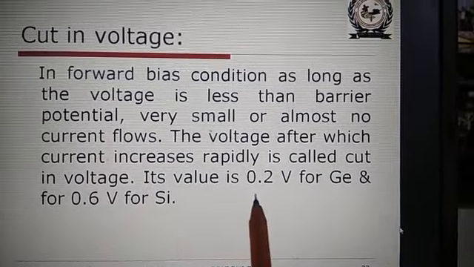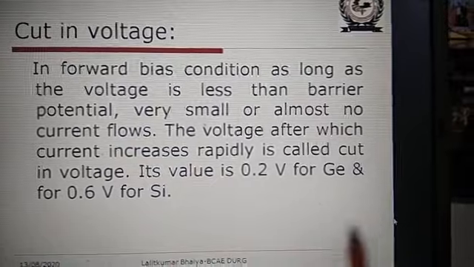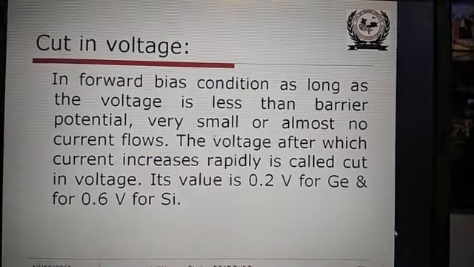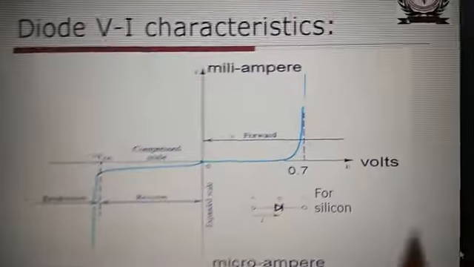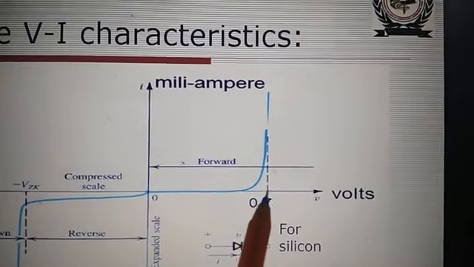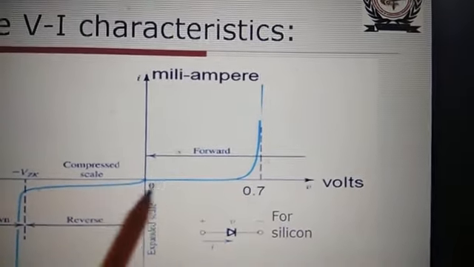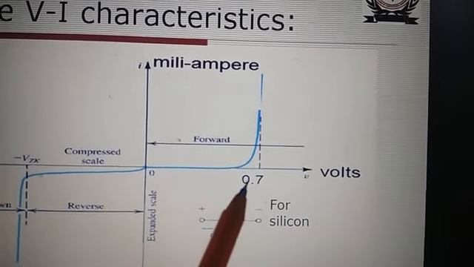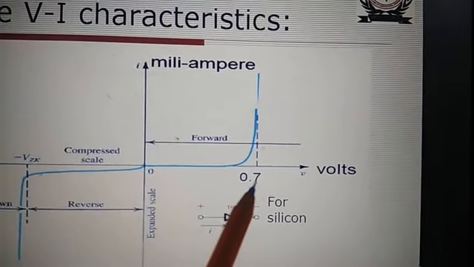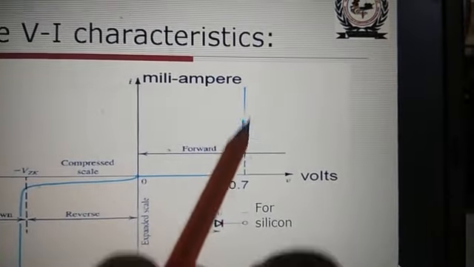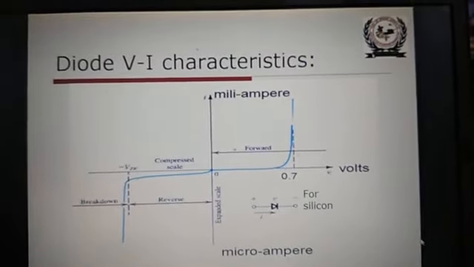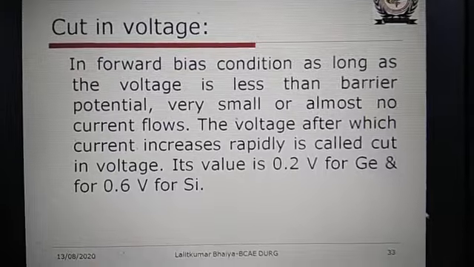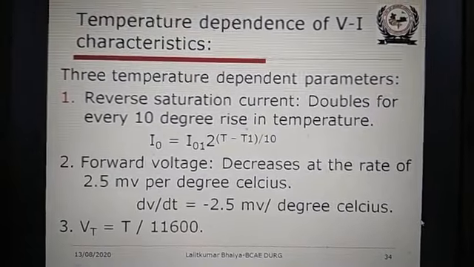Its value is 0.2 or 0.3 for germanium and 0.6 or 0.7 for silicon. Below this cut in voltage, a very small current flows in the forward direction, but just after crossing it, the current increases rapidly. So this is the cut in voltage of the diode that we have already seen.